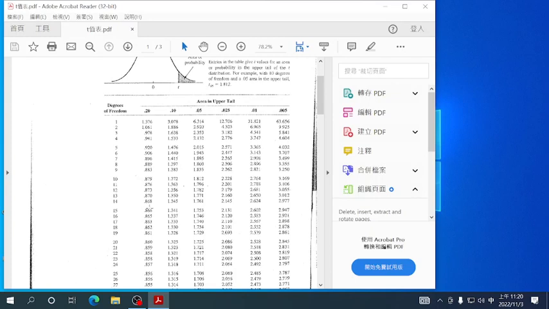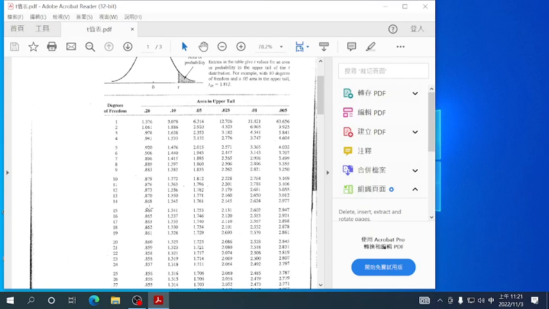So the level of significance is the criteria. They also tell us the critical value. They not only tell us the critical value, but also tell us the non-reject and reject regions.